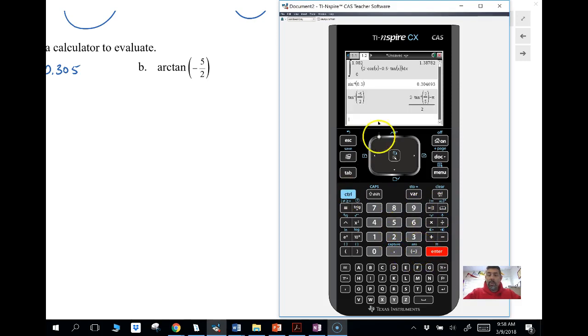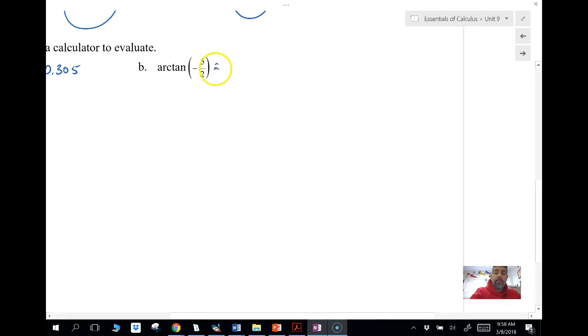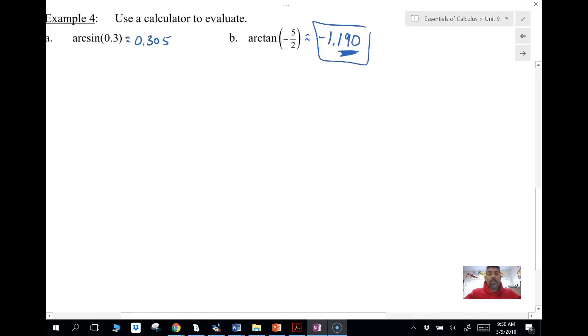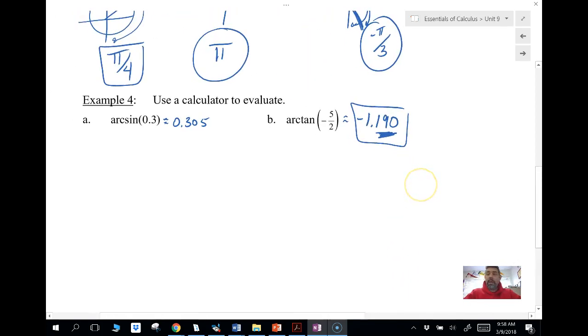Whenever I have a fraction and I don't have a decimal in there, I want it to estimate that, so I'm going to hit Control Enter. -1.19. So I'm going to write -1.190. Remember, we want 3 decimal places, so I got to put the 0 there, even though it rounds to that. All right, simple enough.